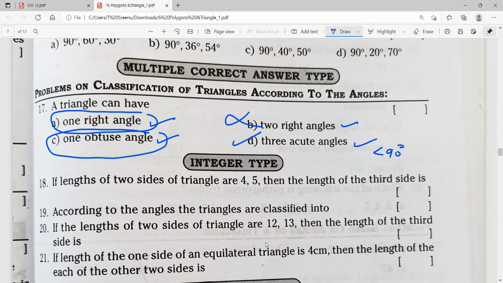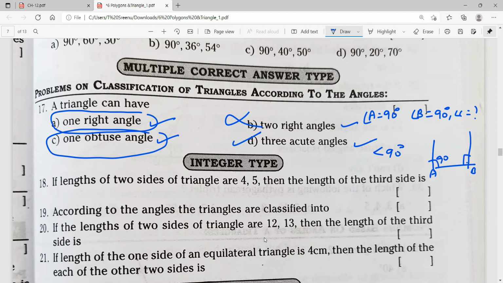A, C, D. Two right angles, what is going to happen? If I take angle A equal to 90 degrees, and angle B is also 90 degrees, I'm trying to construct a triangle. Here angle A, I took 90 degrees, and here angle B, I take 90 degrees.